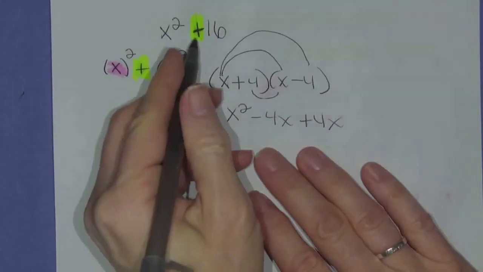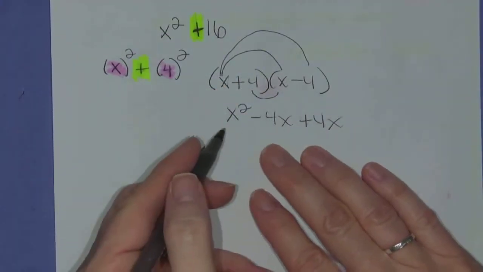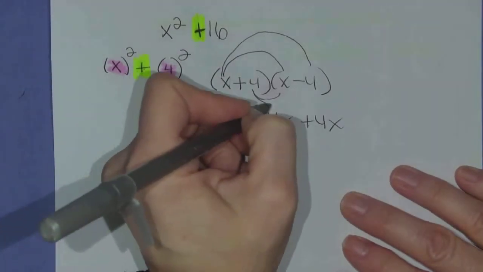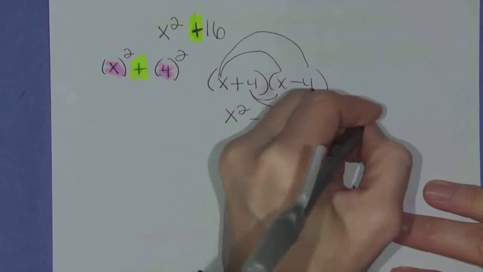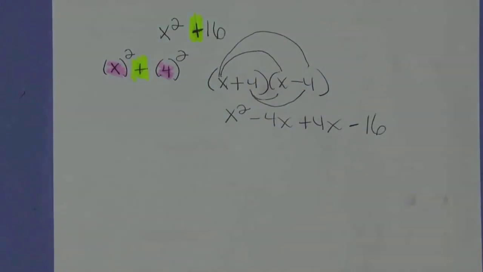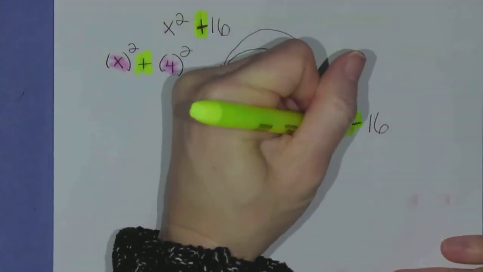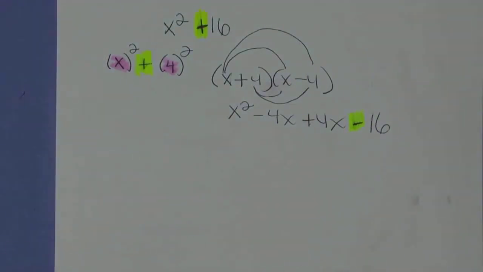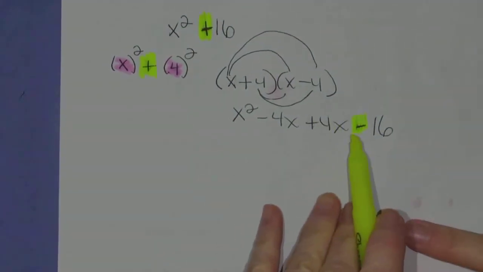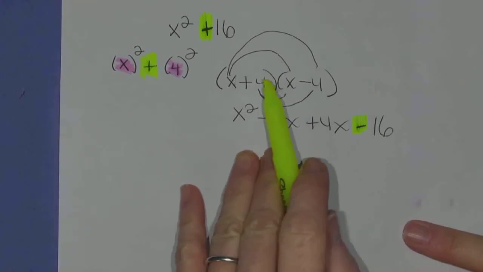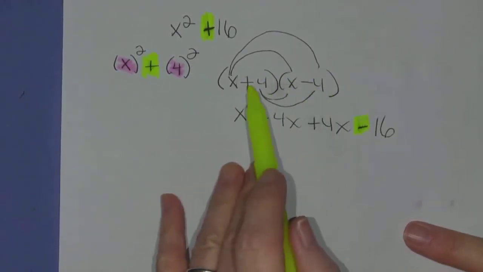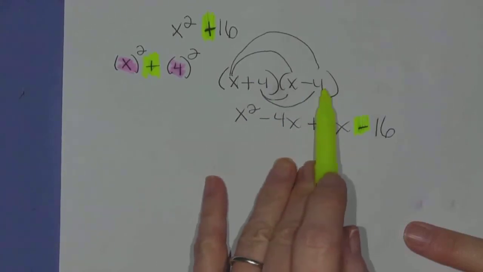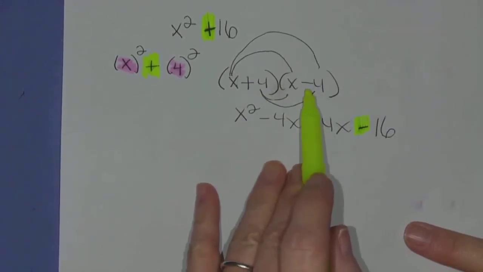So there's how you're going to drop the middle. So everything's checking out. But when you take the last times the last here, you're going to get negative 16. Right there. Negative 16. Now, this is always going to happen when you are multiplying two binomials that are exactly the same but have opposite signs.